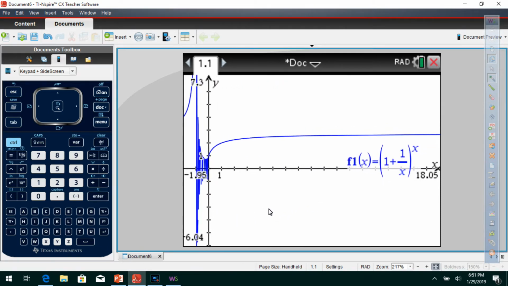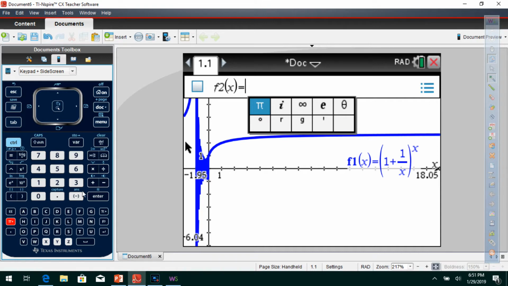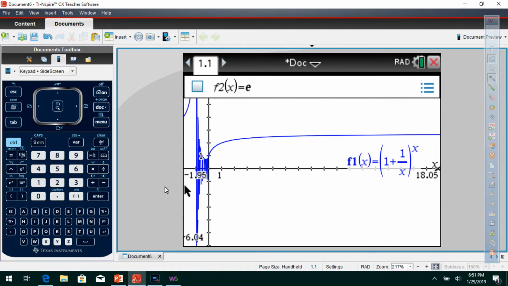So what does that approach? Let's see, 1, 2, almost 3. Let's try the letter E.